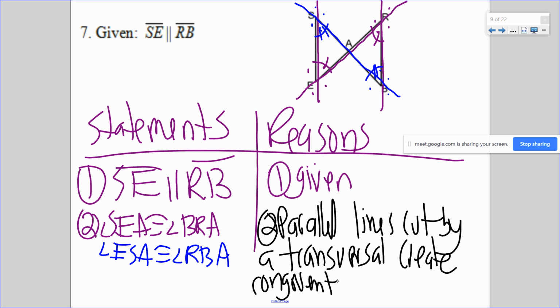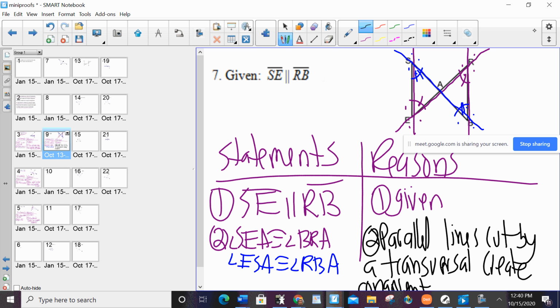Now there's three options. There's alternate interior, alternate exterior, and corresponding. To determine which one it is, I'm going to color inside the parallel lines. If they're both inside, it's alternate interior. If they're both outside, it's alternate exterior. If it's 1 and 1, it's corresponding.